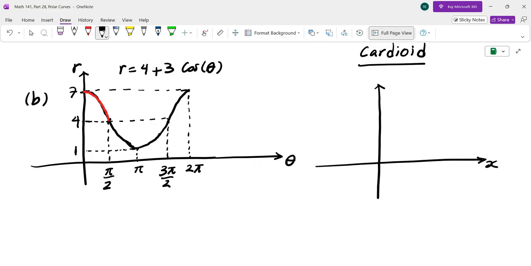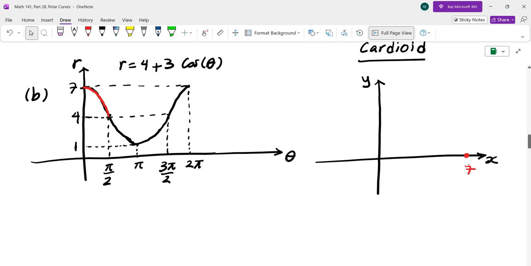So this is the x-axis, the y-axis. We'll draw that piece here. So theta is 0 and r is 7, so that's the first point. Then the next point right here is theta equals pi over 2 and r is 4, so it is right here.